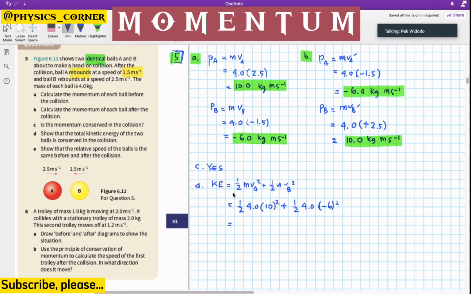This becomes 136 times 2, about 272 joules. And also the same thing on the after.